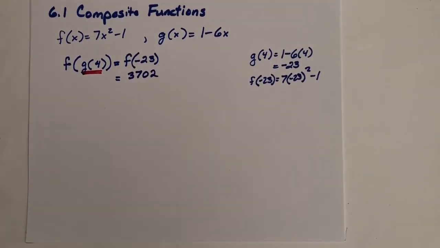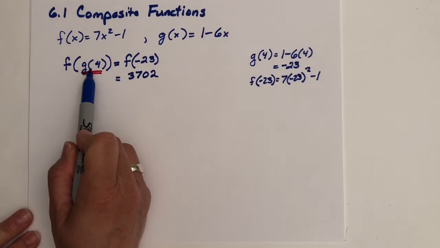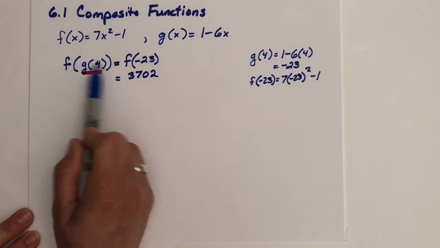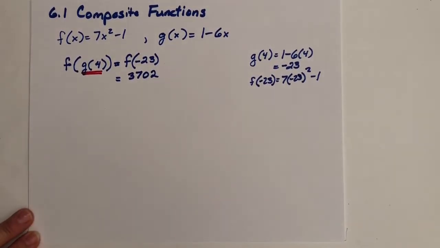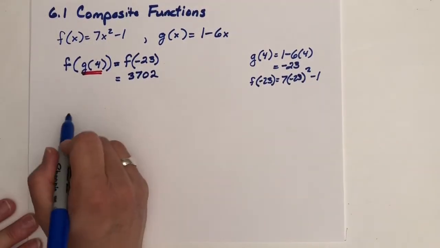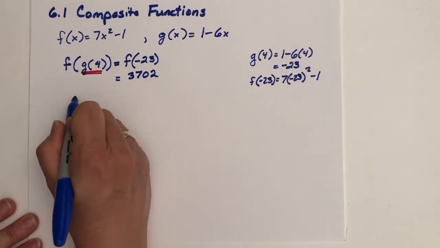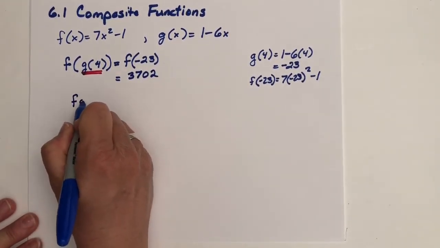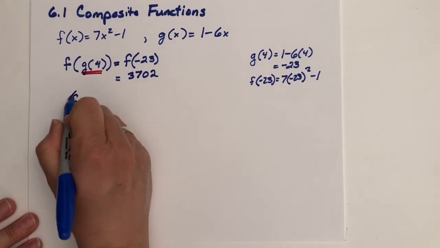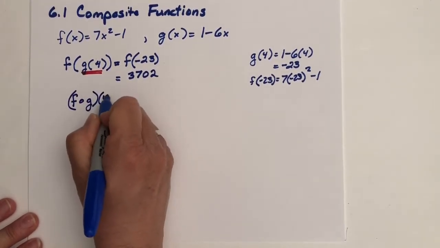Now instead of writing the expression this way, because we have multiple sets of parentheses, sometimes it's nicer if we write it with our composition notation. And we would write something equivalent to this as f composed with g of 4.